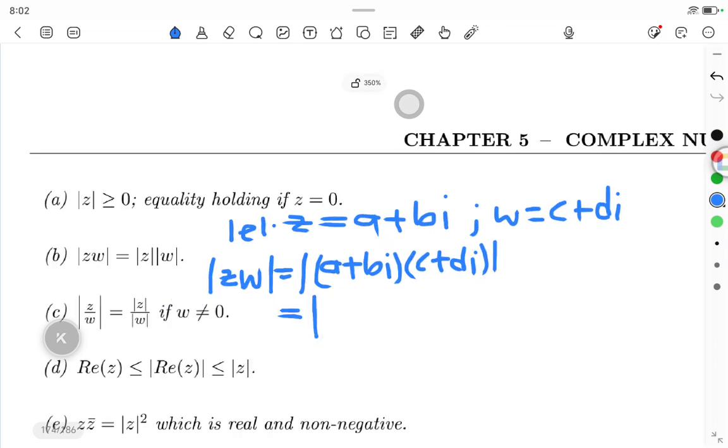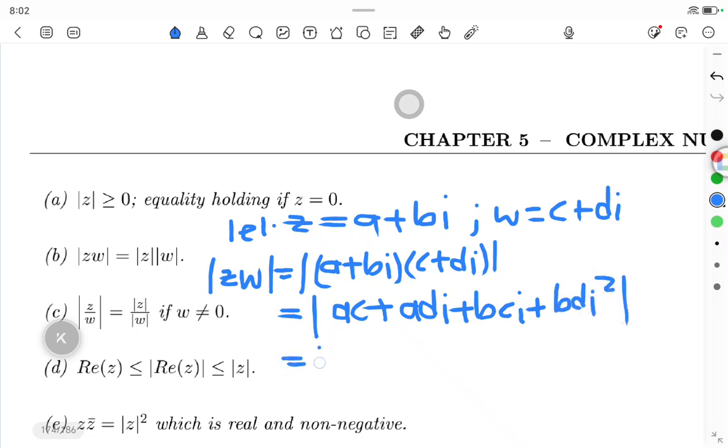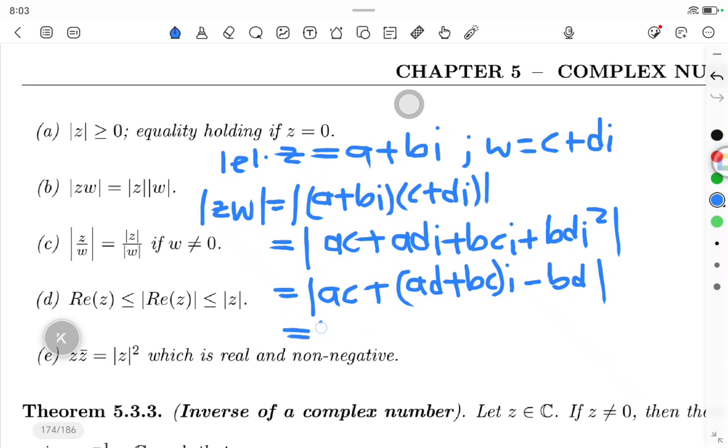I'm going to have AC plus ADI plus BCI plus BDI squared. If we check, this is just AC plus AD plus BCI, and then this is just going to be minus BD, because we know that I squared is equal to minus 1.